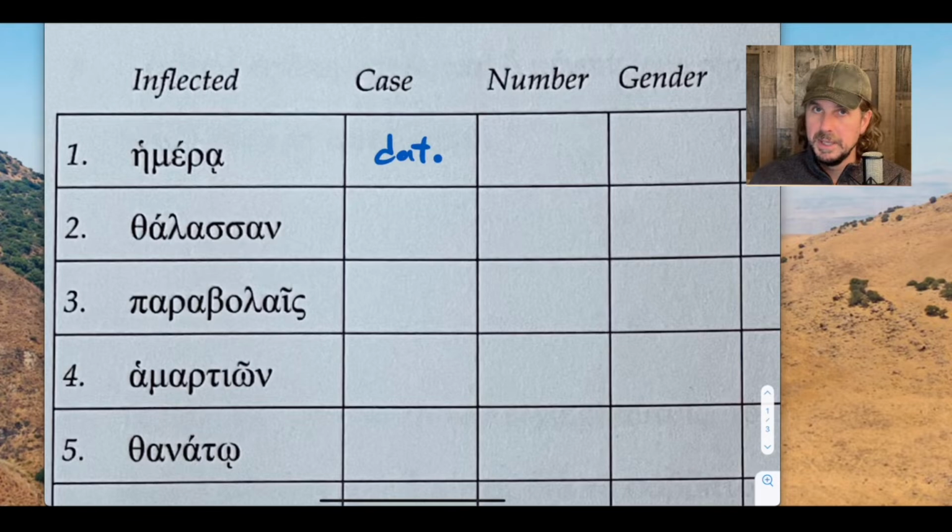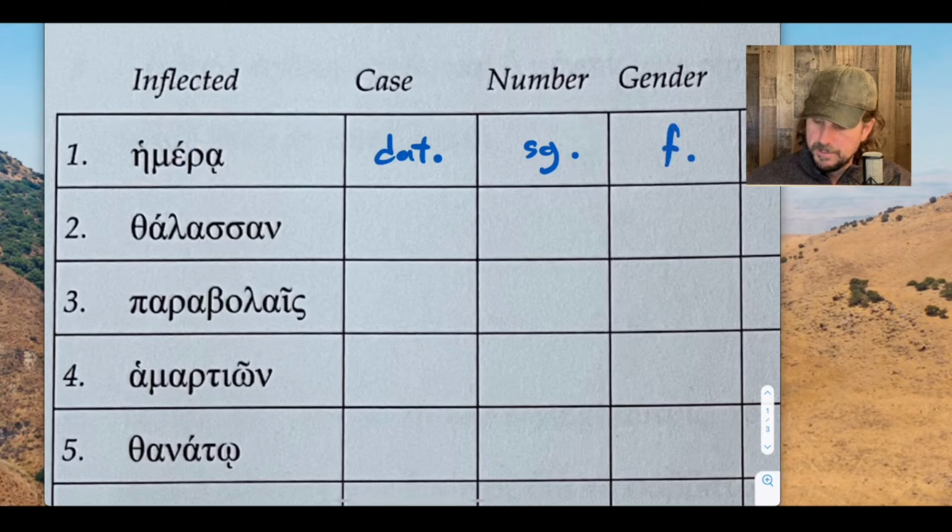Then for number, again, we have to go through that paradigm that we've learned. The number is either singular or plural. Here it's singular, because if you remember, the dative of the plural would be ais, like that. So the dative singular. The gender, hopefully you know, the alpha is feminine.